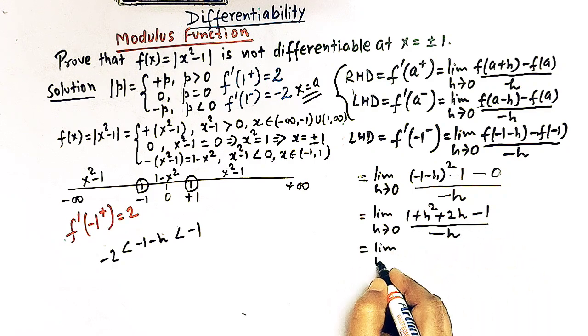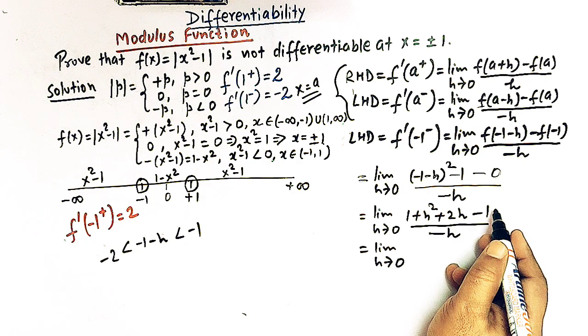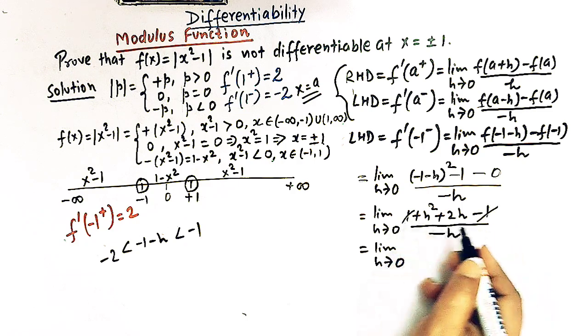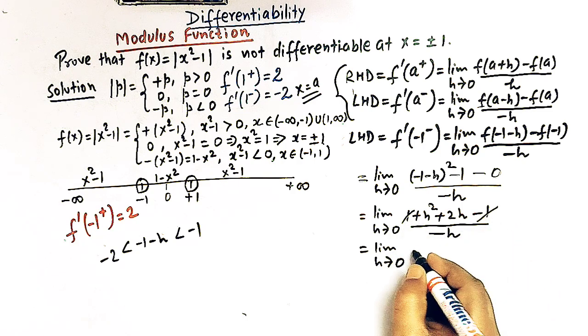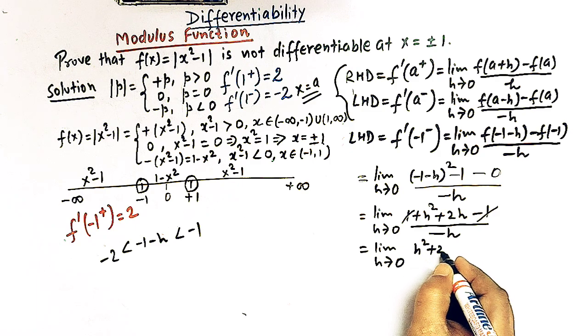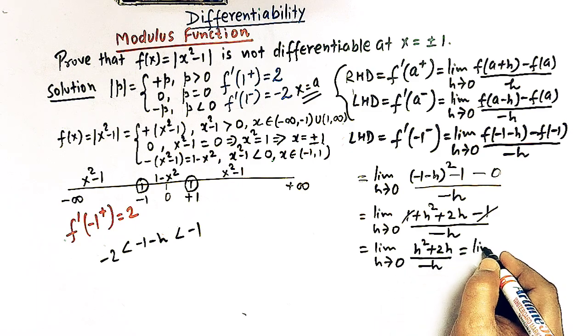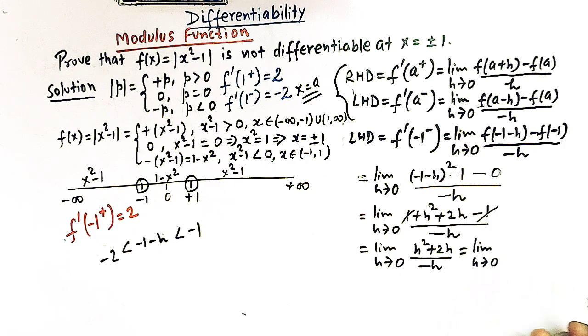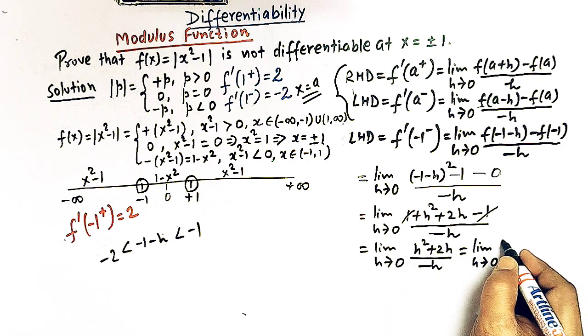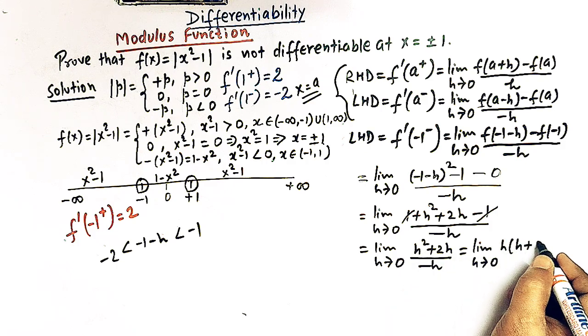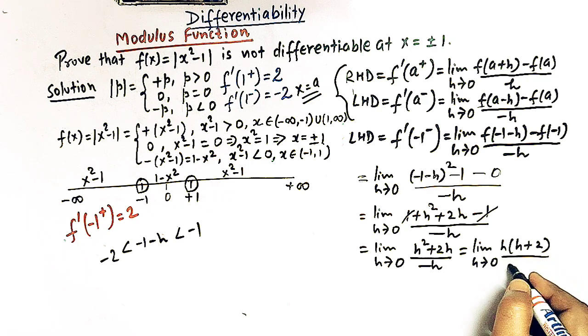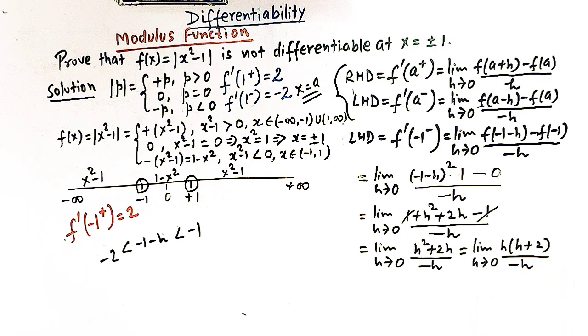So this is limit h tends to 0, and 1 and minus 1 get cancelled, and we have h square plus 2h over minus h. Here we can take h common, so we have h times (h plus 2) divided by minus h.